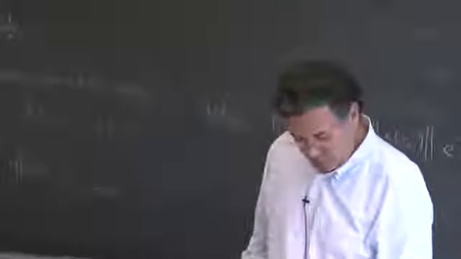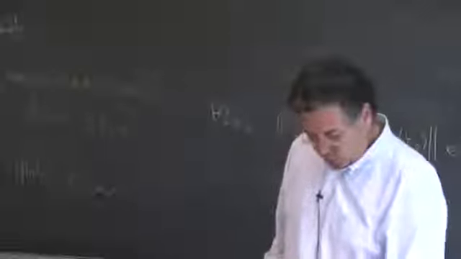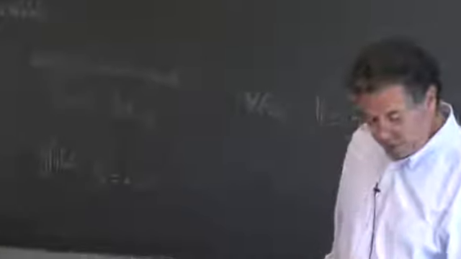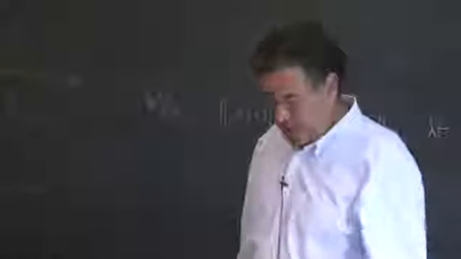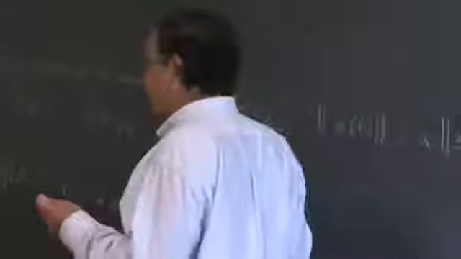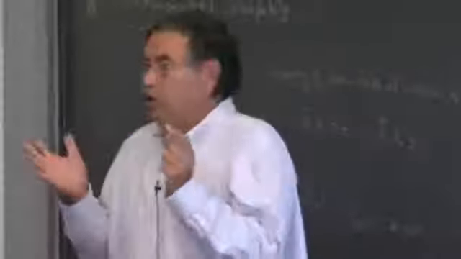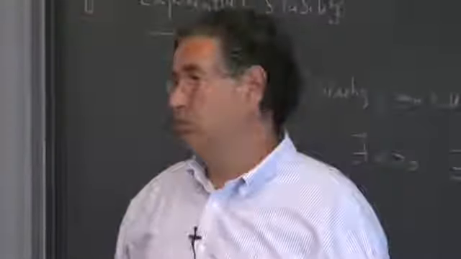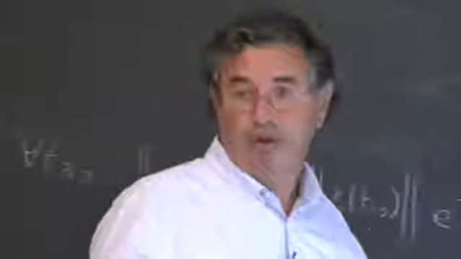Now, what does exponential stability imply? It says not only you go somewhere, but you have a time constant. Okay? You go somewhere and you know roughly how long it takes.